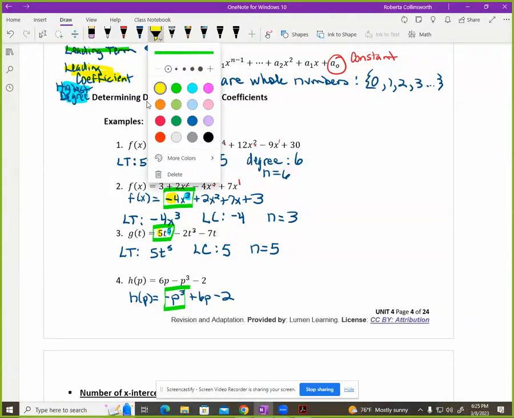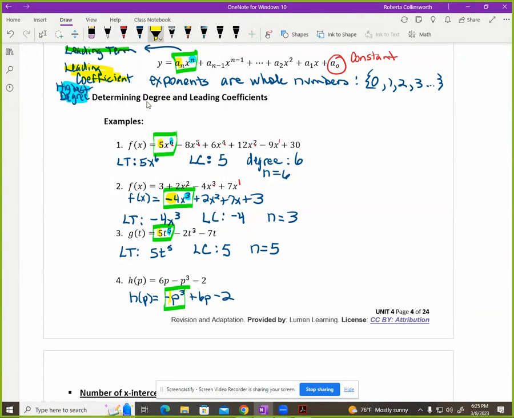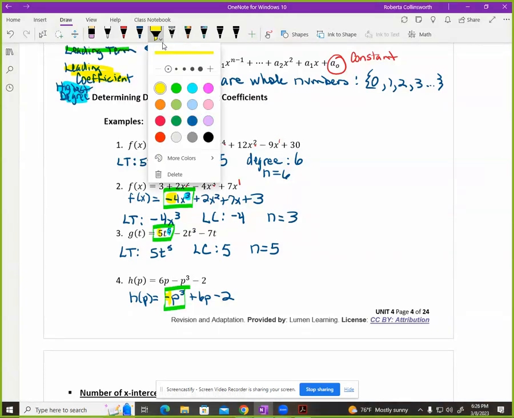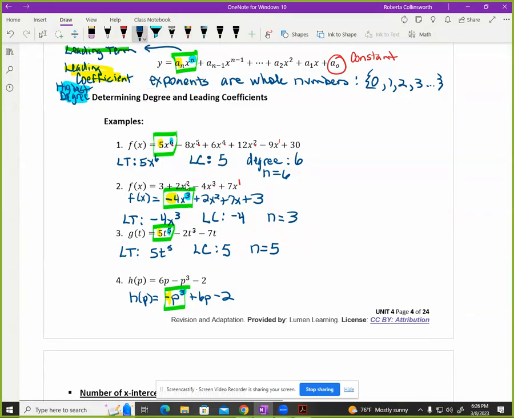That negative is attached to a 1 that we never ever write, but I need to know what that is for my leading coefficient. So my leading term is negative p to the 3rd power. My leading coefficient is negative 1, and n equals 3.